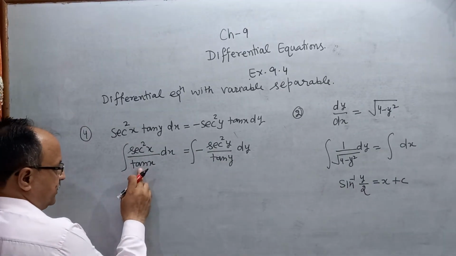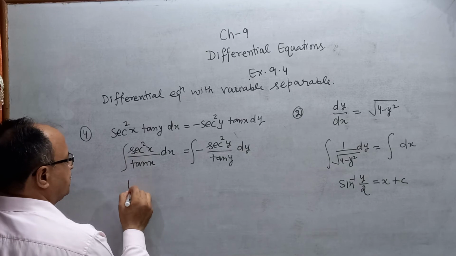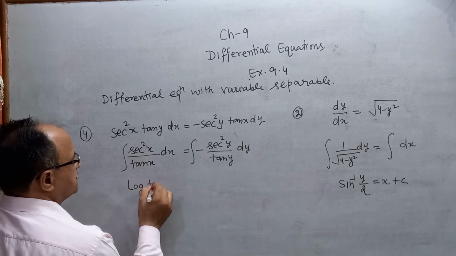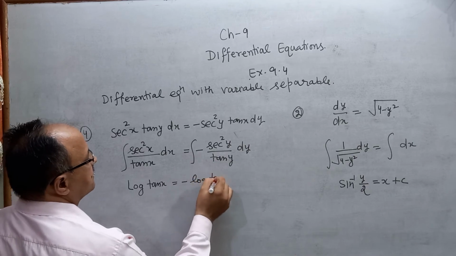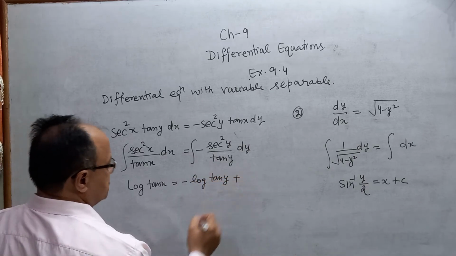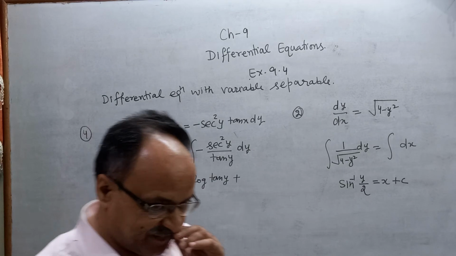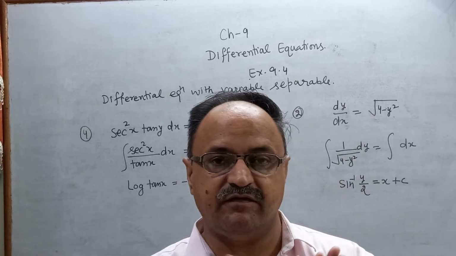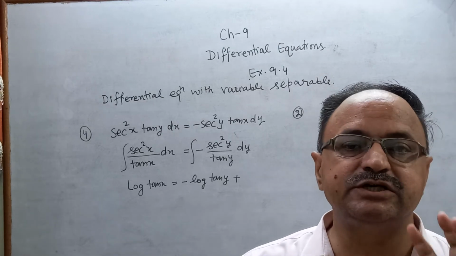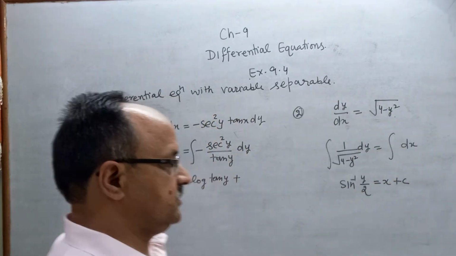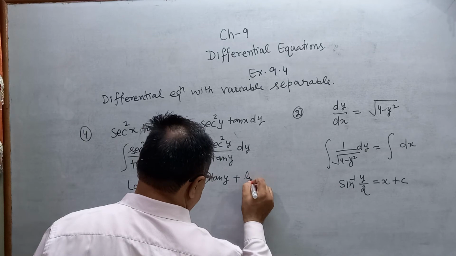You know that the derivative of tan x is present here, so directly you can write log tan x, and here minus log tan y plus constant. In this exercise, if log is given in every term, then you can take the constant of integration as log c for simplification.